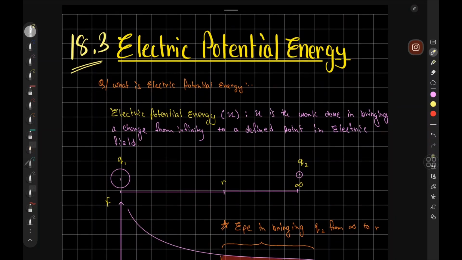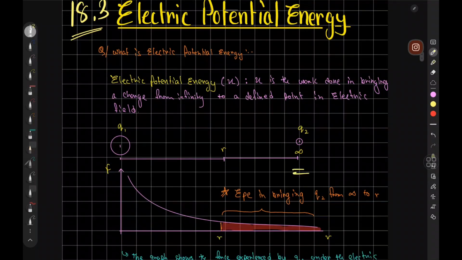Electric potential energy is talking about, let's say, be it 5 coulomb, 10 coulomb, or 15 coulomb. What is the work done that will be done on the charge in bringing it from a point infinity to a defined point, let's say r? Electric potential energy is giving you that work done.